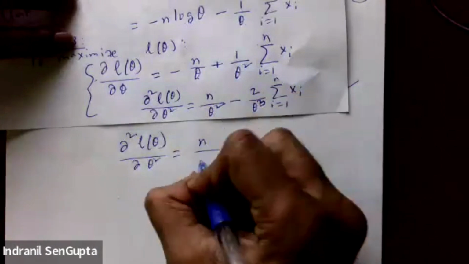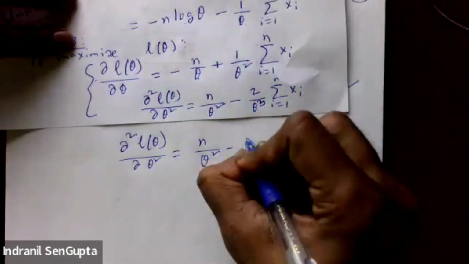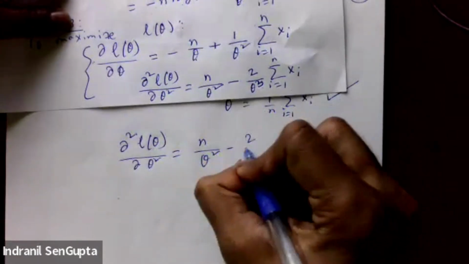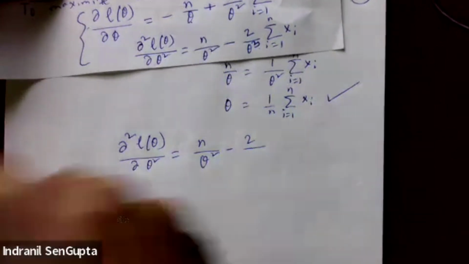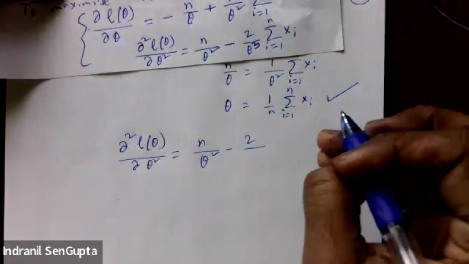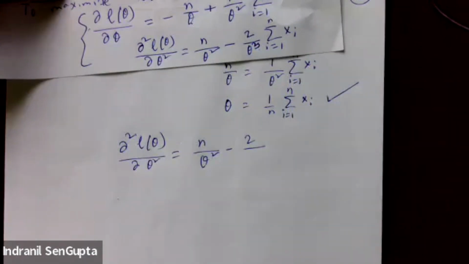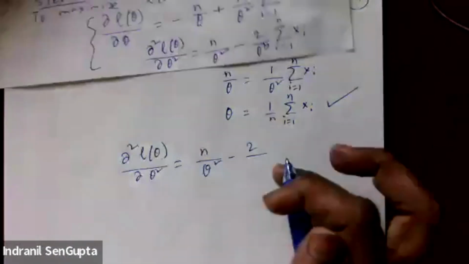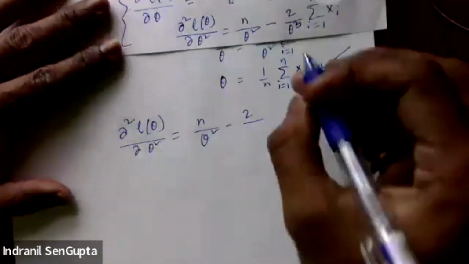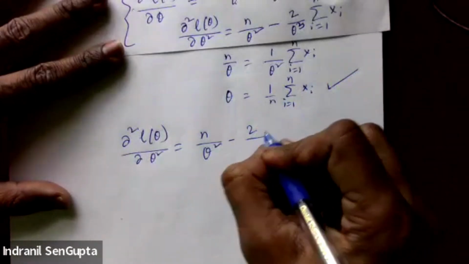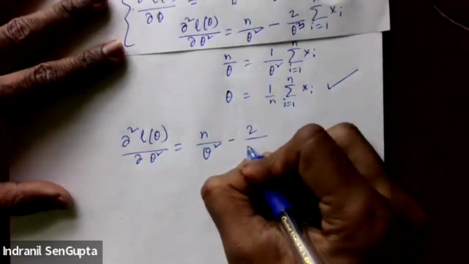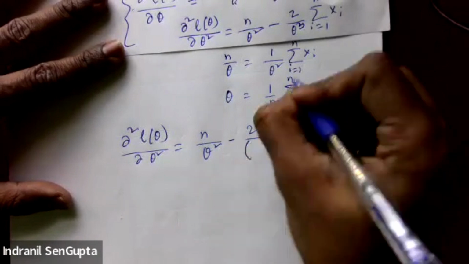So it's really n over theta squared minus 2 over, just a second. So this is 2 over theta cubed. So that means 2 over theta is this one.